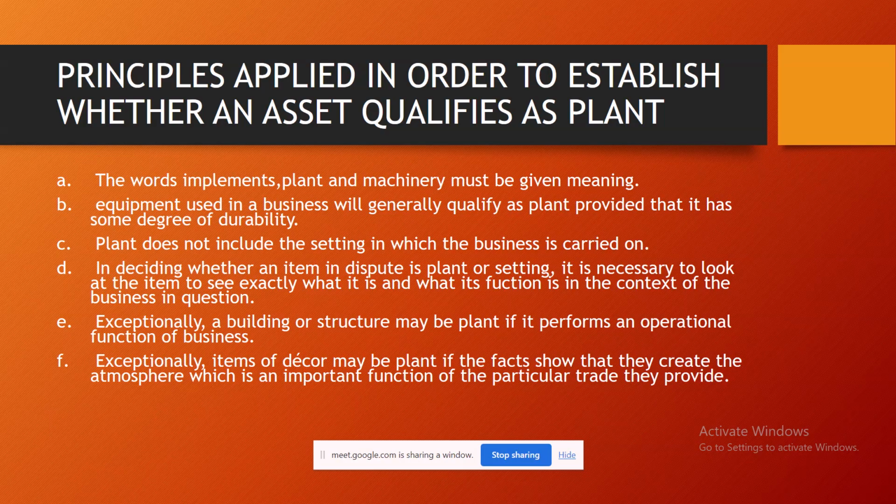We have also mentioned that plant cannot include the setting in which the business is carried out, as already mentioned. That is a particular feature that will help us to determine whether it's a plant or not. And then you have to understand that exceptionally, a building or structure may be plant if it performs an operational function of the business.